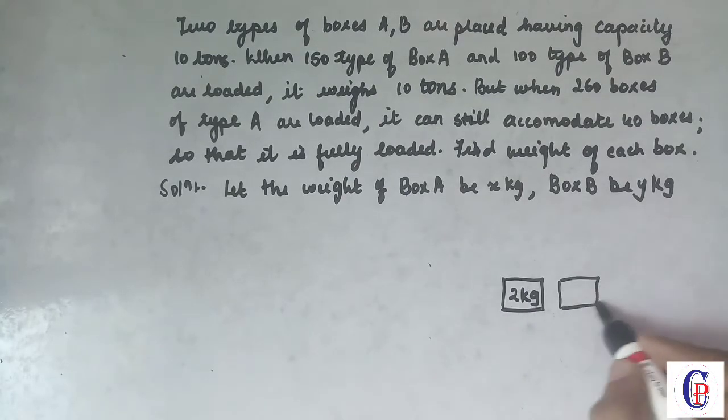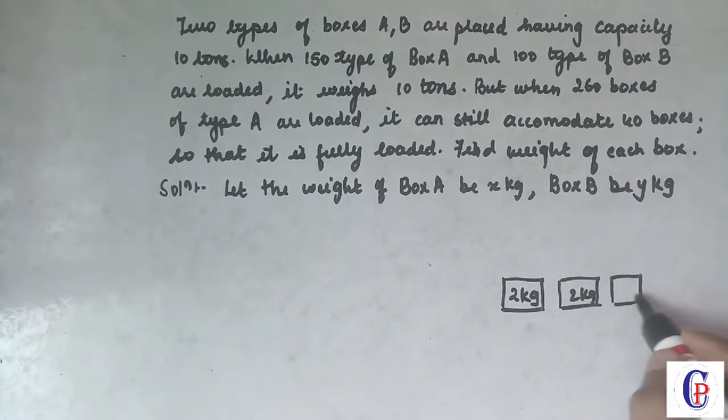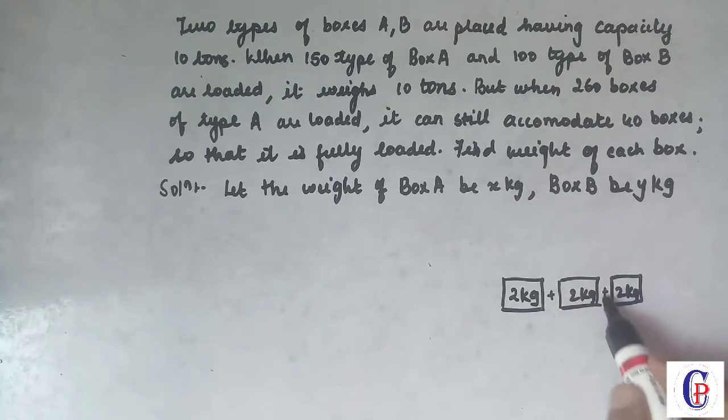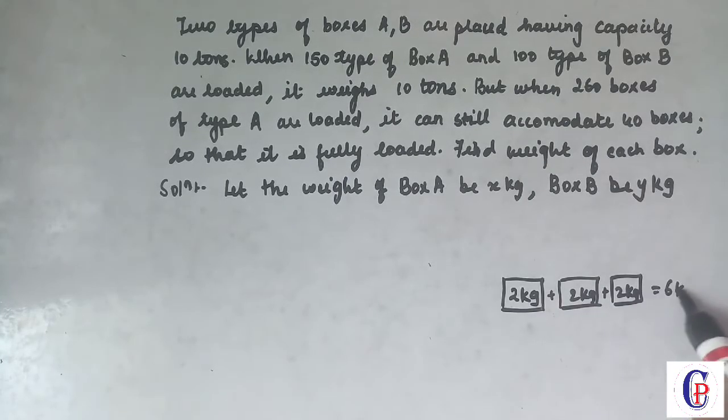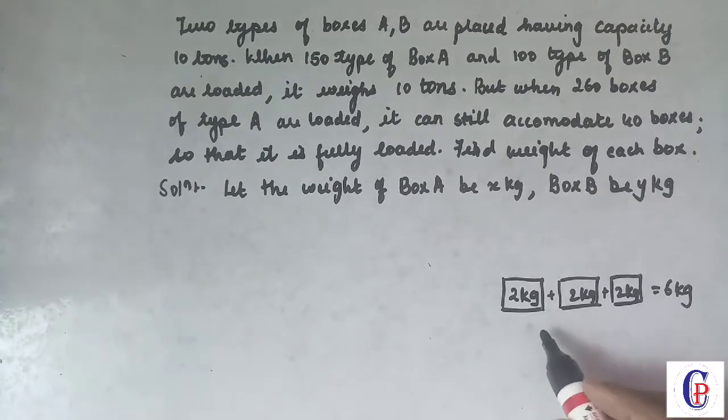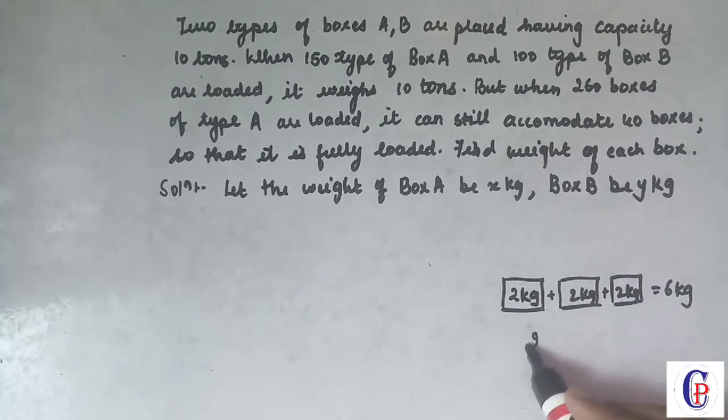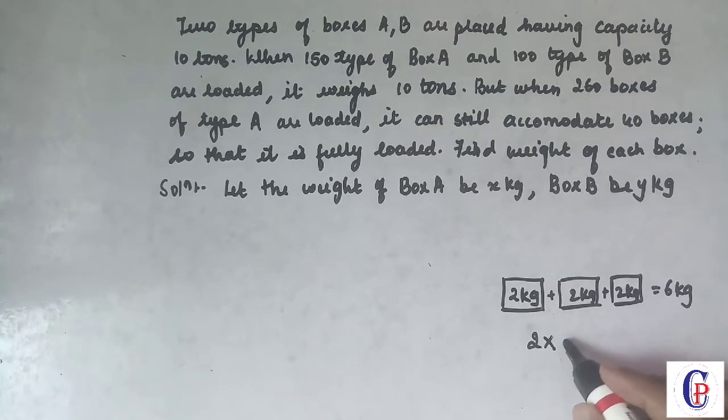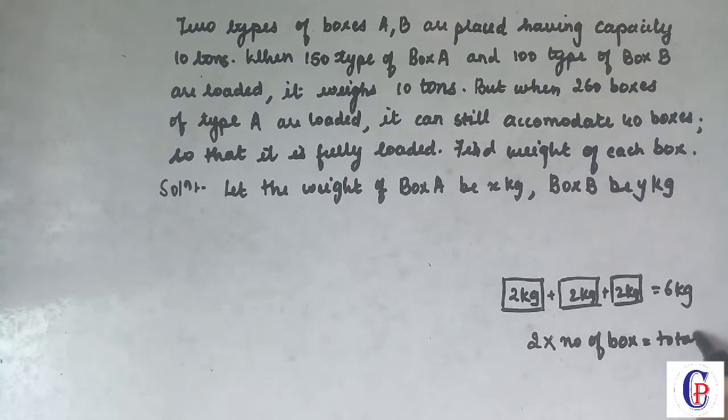If we take 3 such boxes, same box, what is the total? It is 6 kg. We can also get this 6 by saying weight of one box, which is 2, multiplied by number of boxes is equal to total weight.